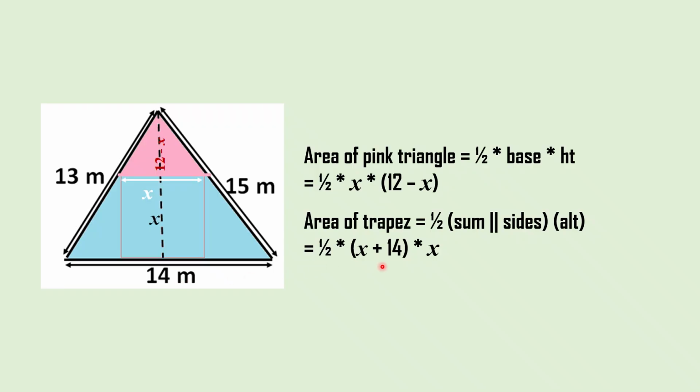So half into (x plus 14) into x. So we will add these two and equate it with the area of the triangle, which is 84.